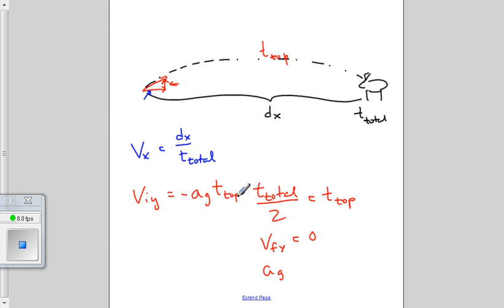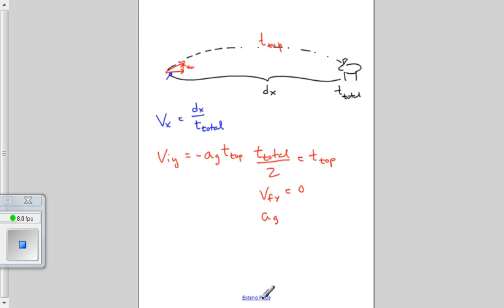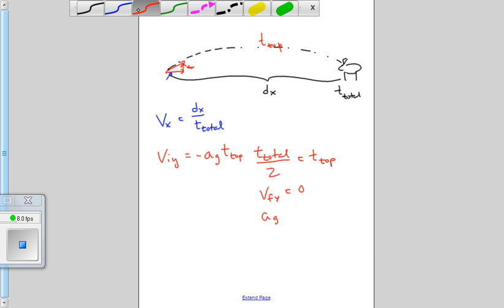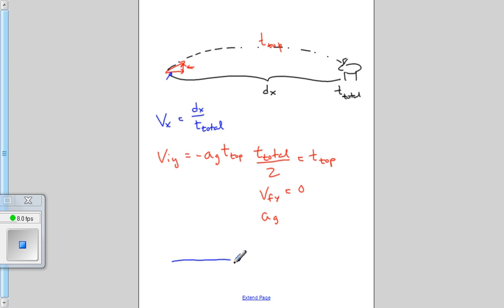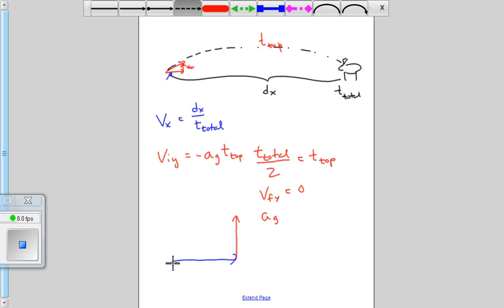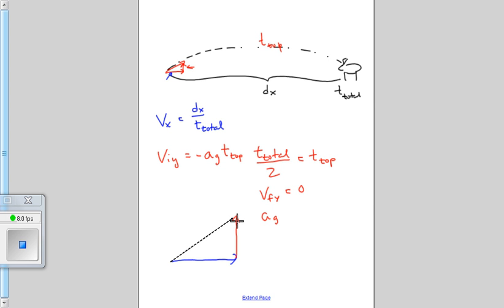Now, once we've found Vx and Viy, in order to find the overall velocity, we'll have to use the Pythagorean theorem and a little bit of trigonometry. Let's give ourselves a little bit more space and show you how that's done. Vx, the sideways velocity, and Viy, the upward velocity, form a right triangle whose hypotenuse is the overall velocity of the object.